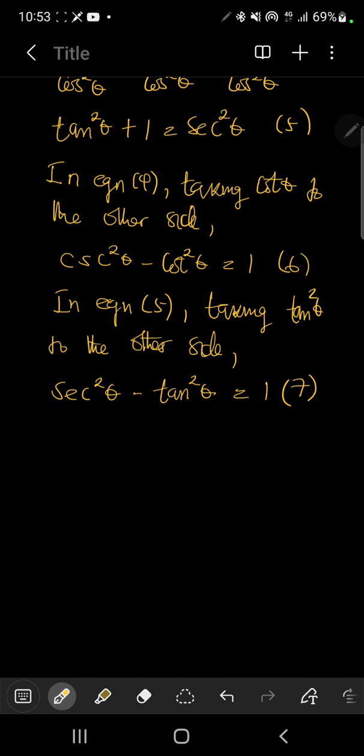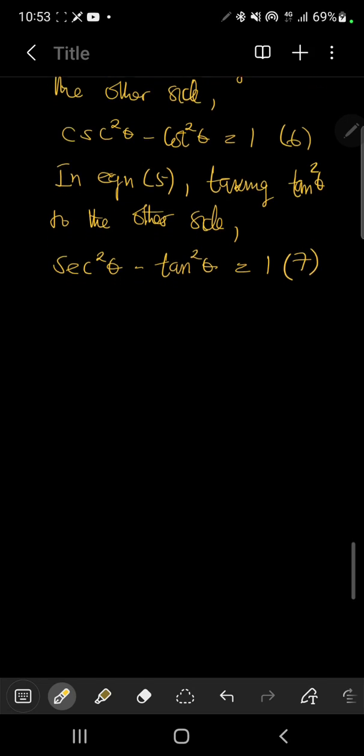Then lastly, we can look at what we call compound identities.